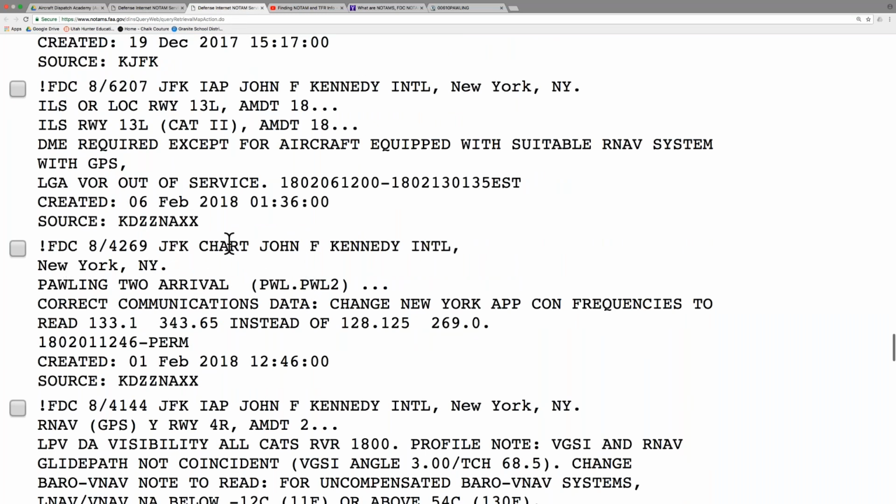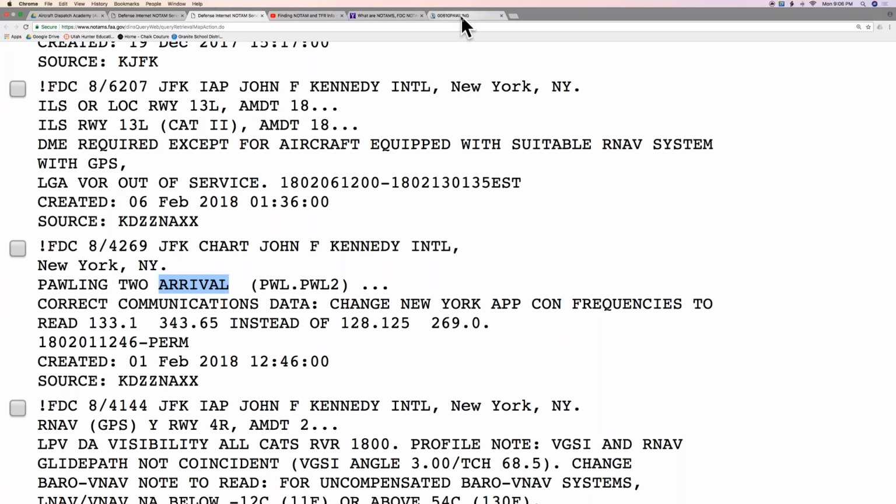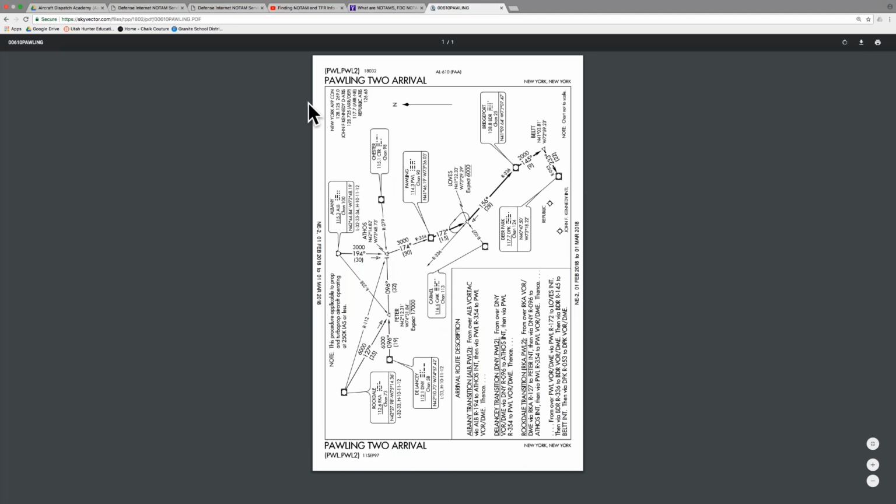When they're talking about an arrival, just always think of, remember, these are routes specific to airports. Okay, so it's talking about JFK Airport, and it's talking about an arrival. Oh, okay. So that translates to an arrival, so a STAR for JFK Airport.